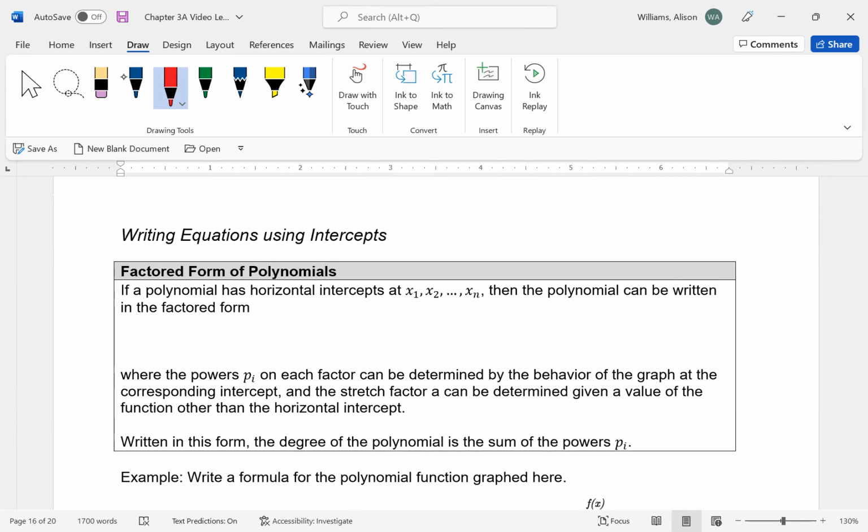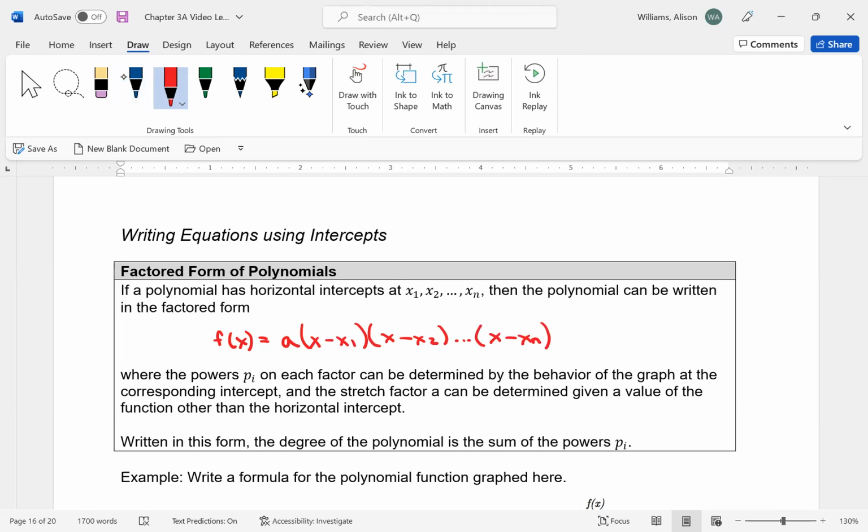How it's going to look, and we've seen this many times, is our polynomial f of x is going to be a, the leading coefficient, times these intercepts, x minus 1 squared, x minus 2 squared, and then we keep going this pattern until you list out all of the intercepts.